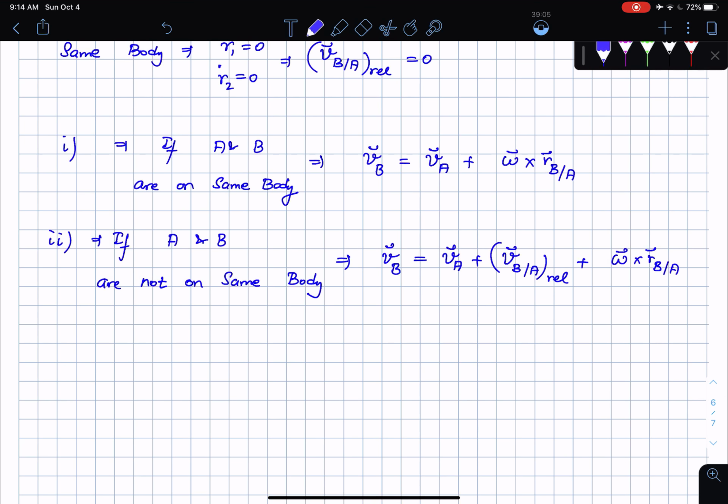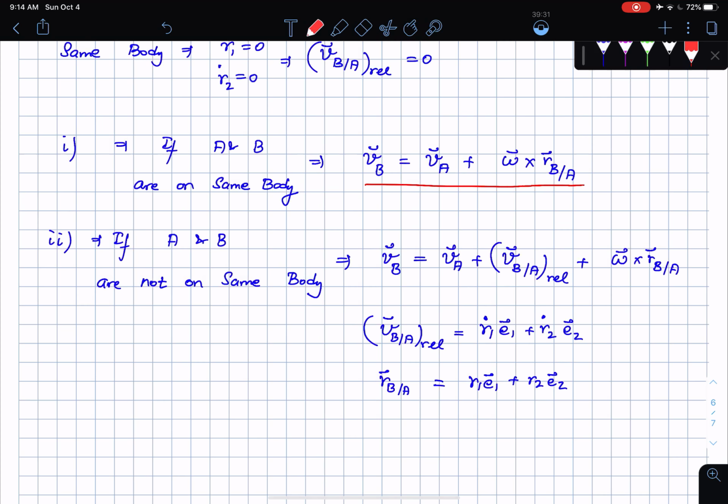Okay, and then V_B/A relative is R1 dot e1 plus R2 dot e2, and then R_B/A is some R1 e1 plus R2 e2. Okay, likewise the same thing here as well. And so these are the expressions that are of importance to us.